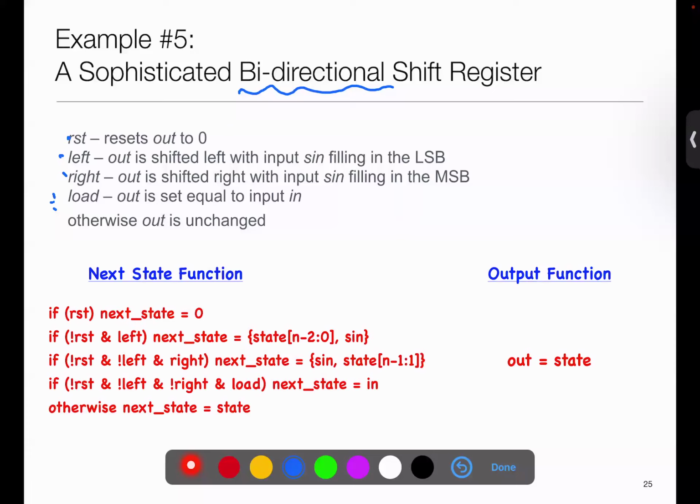If I parse all of this, it's saying: if reset, next state is 0. If not reset, in other cases, if it's left, then this is like the case of the previous one. Next state is the lower n-1 bits of the current state.